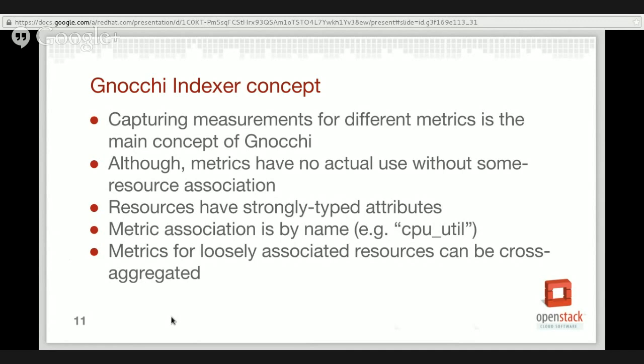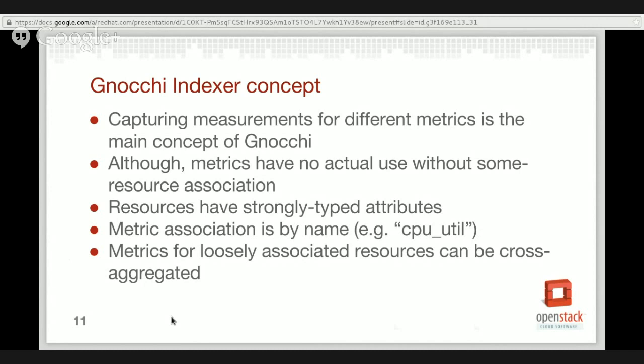The indexer is the piece of Gnocchi that's responsible for storing the representation of resources. The schema for the indexer will tell you for each individual resource what strongly typed attributes we store, and in addition, a resource to metric association is maintained.